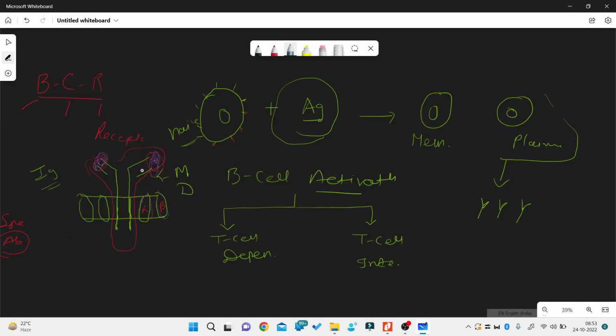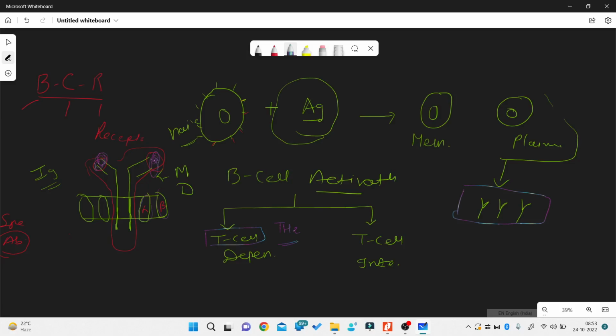That's binding. So this binding is not enough for the antibodies secretion or production of the secretions. We need extra support here, and that support is of T cell, and that is called Th2. We already discussed about these Th2 cells, T helper cells, no?